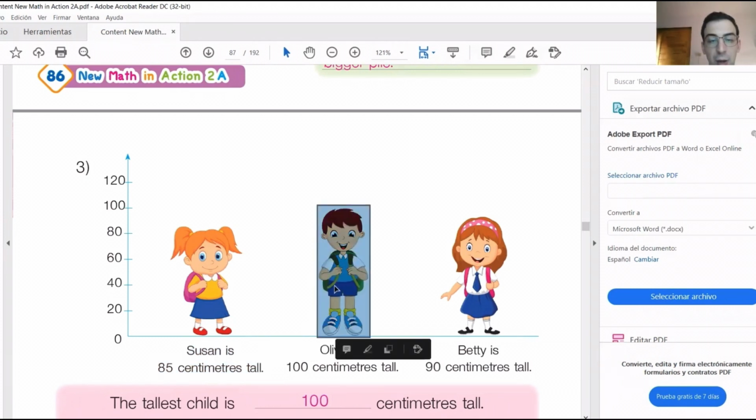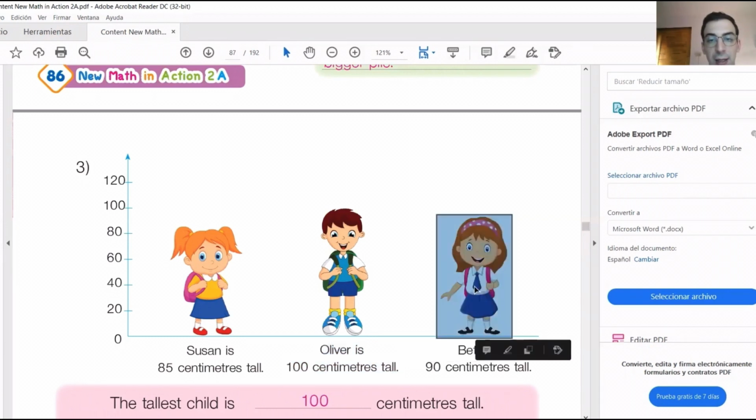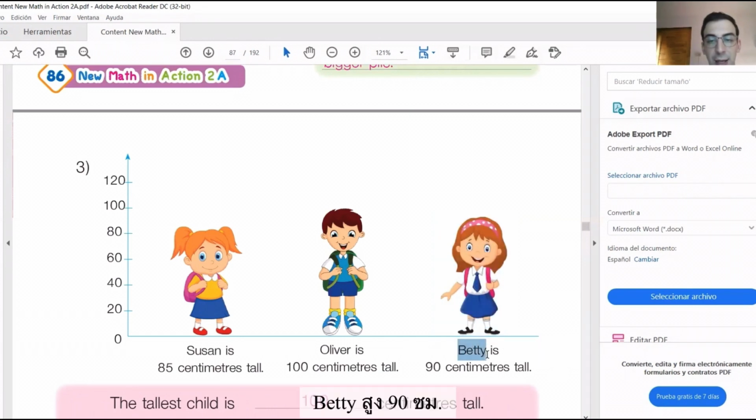The name of this student is Oliver, and Oliver is 100 centimeters tall. Finally, the name of this student is Betty, and Betty is 90 centimeters tall.